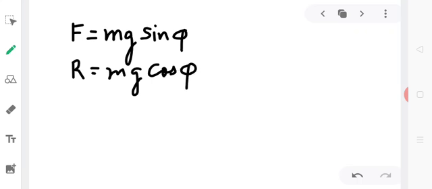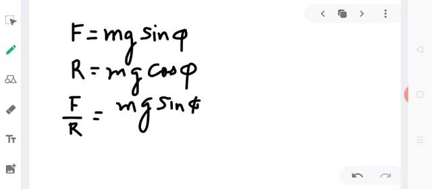So if we divide these two equations, we will get F by R equal to mg sin of phi divided by mg cos of phi.